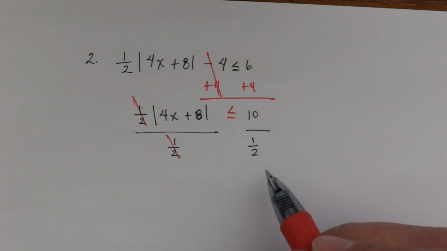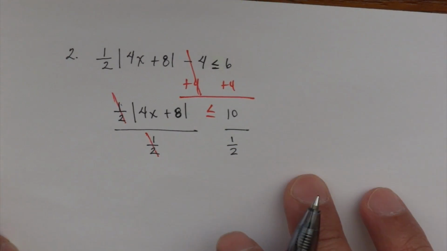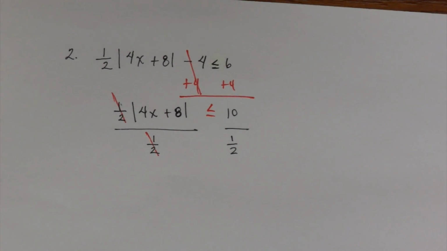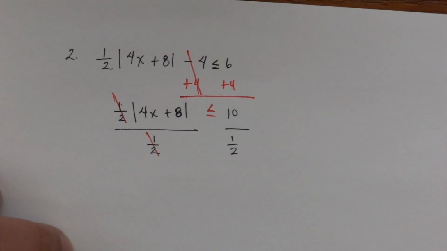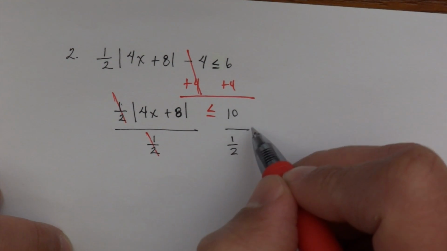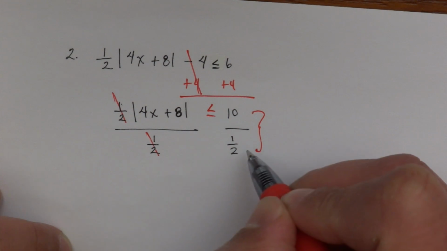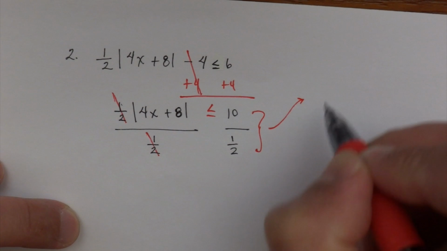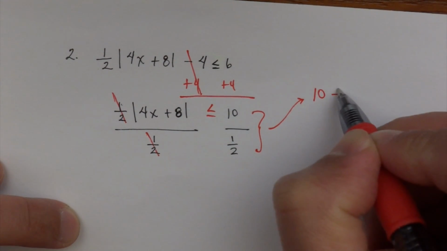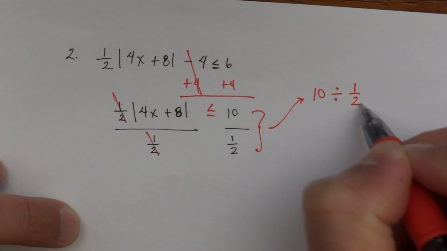Now over here, this is where students get confused, but I like it because it prepares you for higher mathematics, which are complex fractions. So this is basically a fraction within a fraction. Anytime you divide by a fraction, it's like multiplying by the reciprocal. So I can rewrite it as 10 divided by 1/2.